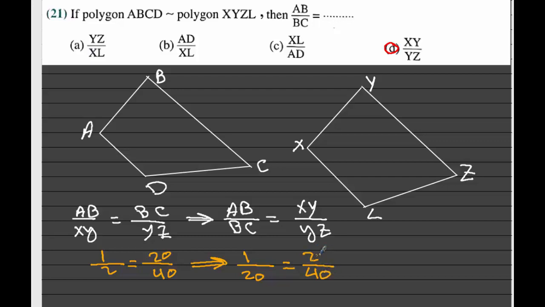Note that also 2 over 40 is 1 over 20, so both sides are equal. So in any proportional, if A over B equals C over D, then you can deduce that A over C equals B over D. Okay? Next question.